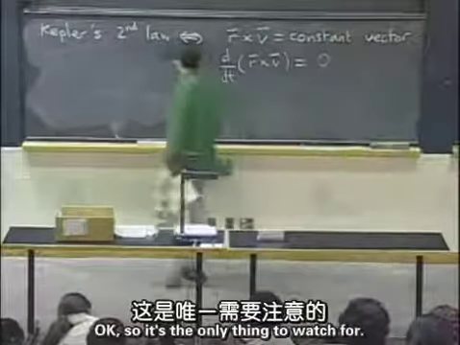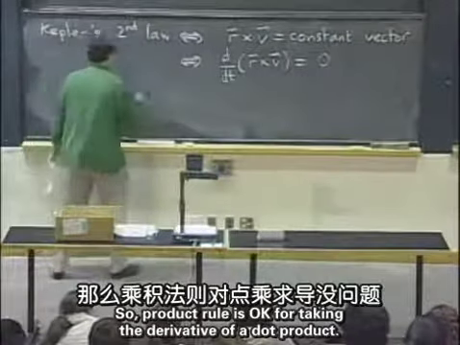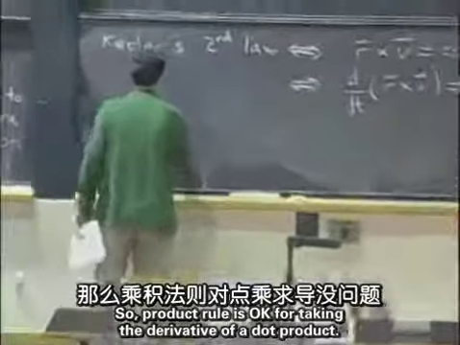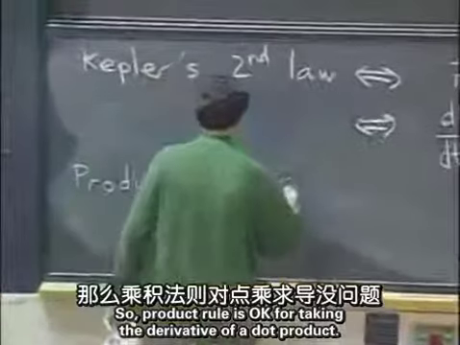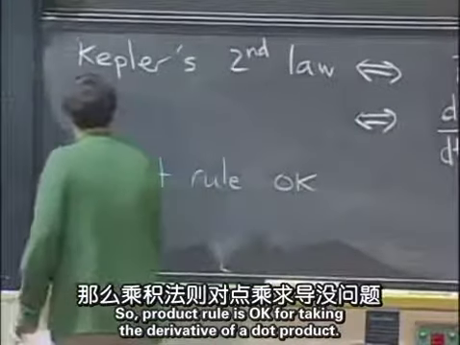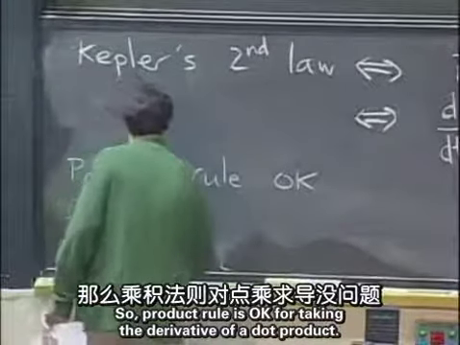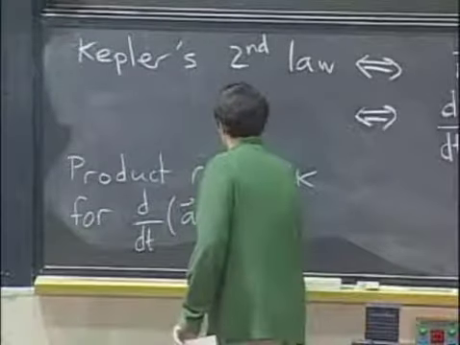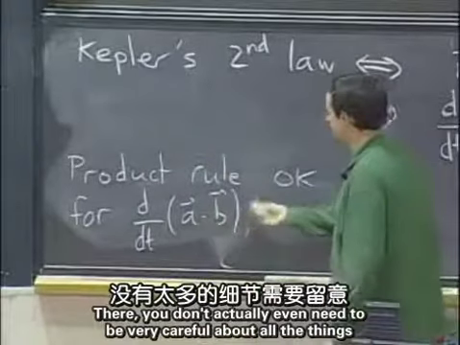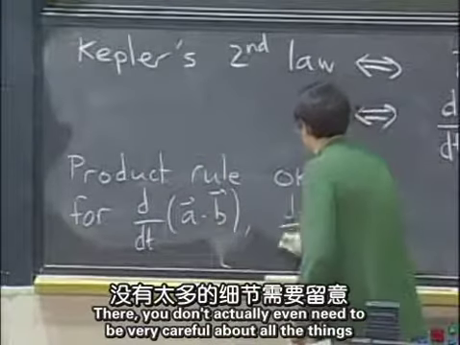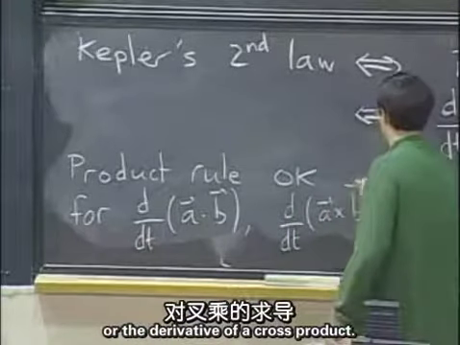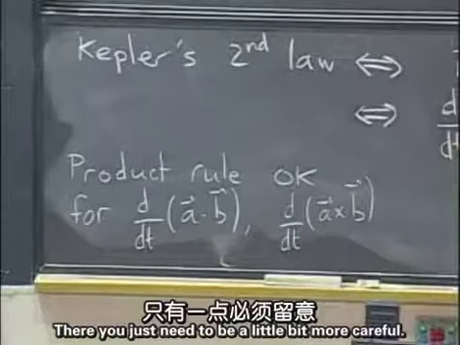Okay, so that's the only thing to watch for. So the product rule is okay for taking the derivative of a dot product. There you don't actually even need to be very careful about the order of things. Or the derivative of a cross product. There you just need to be a little bit more careful.